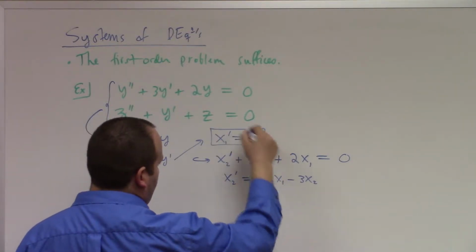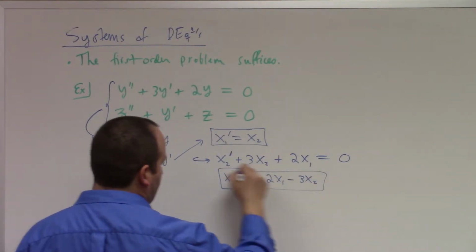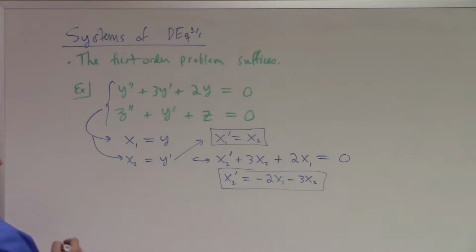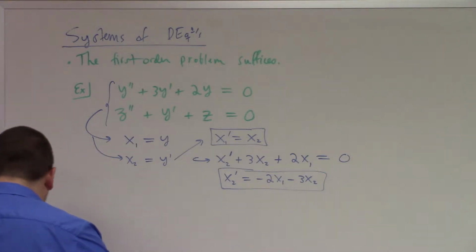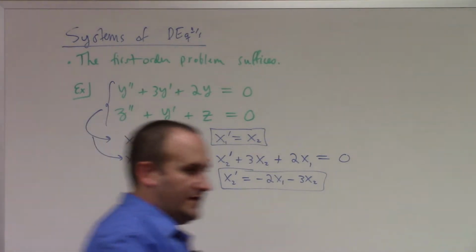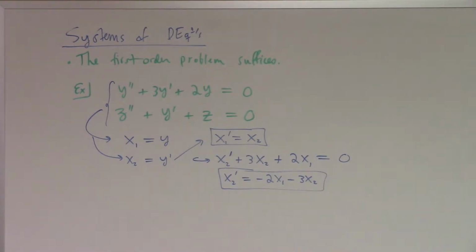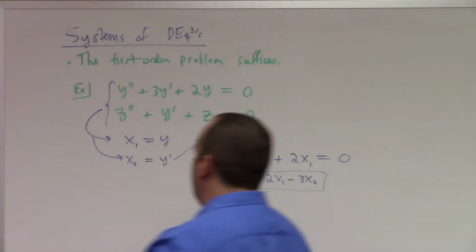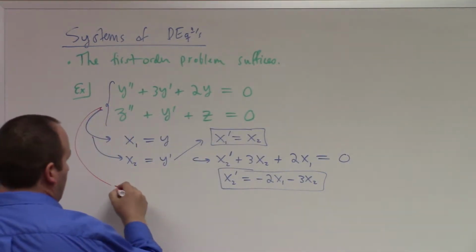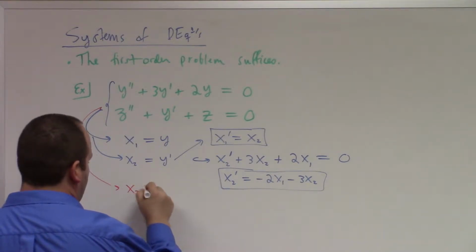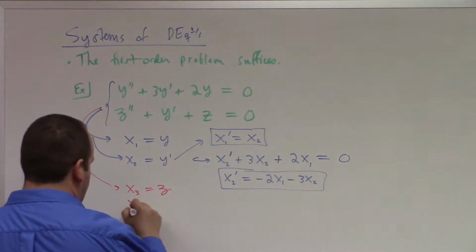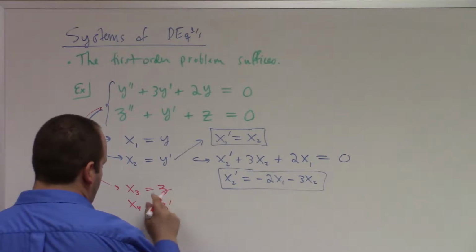So there's the first order differential equation, there's the first order differential equation. And then what else do I do? I define z as x3. Let x3 equal z, and let x4 equal z prime.